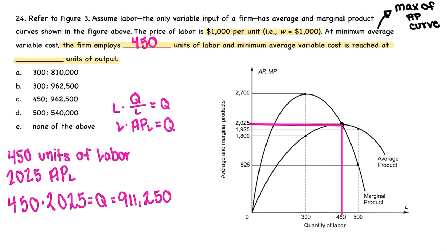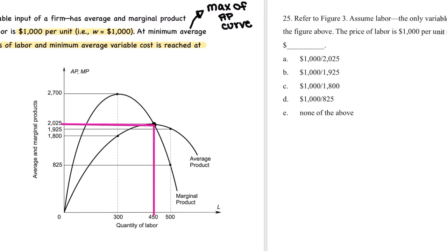Which is none of the above. The only answer choice that could have been was this one. So if you're doing a question like this and you only have one answer choice, take the 30 seconds to put it in your calculator and make sure that that's right.